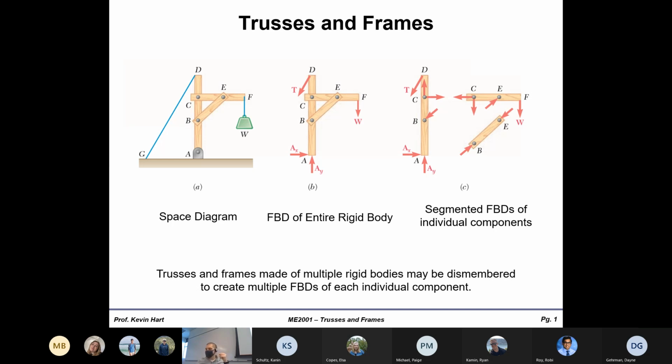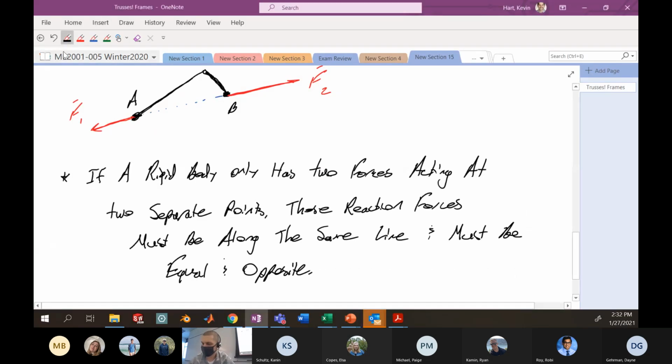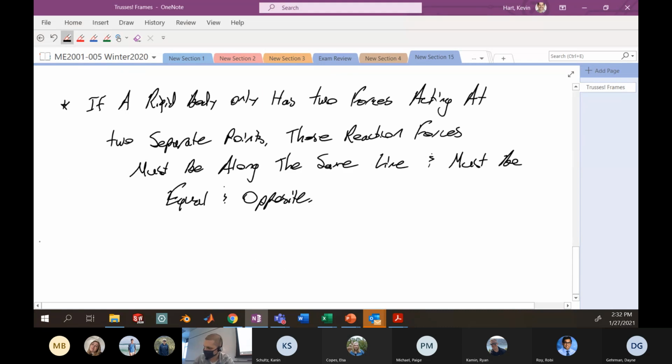But because of what I just talked about, there really is only an equal and opposite force which occurs on either end of that member. So here we are with this particular member isolated, and you see this free body diagram only has those forces that are acting along the line of that member. We see that they're along the line between point B and point E, and they're equal and opposite in magnitude. And so this will come up pretty frequently when we look at trusses, obviously.